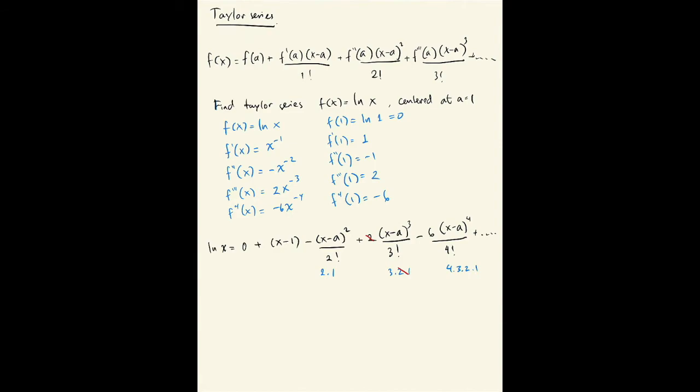And then for this 4 factorial, I will cancel this 6 with this 3 and 2. So I will write this as, removing all the factorials.